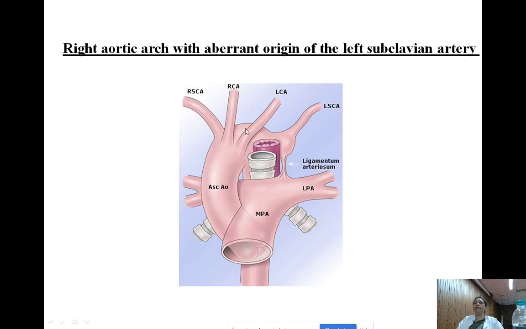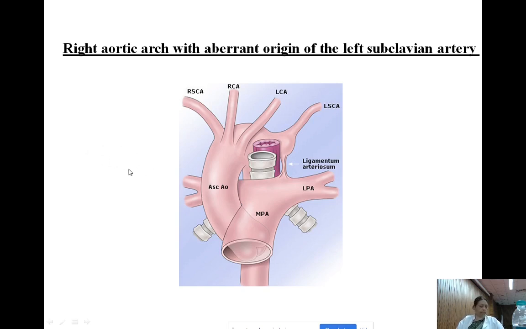And the ductus arteriosus will be present, which passes behind the esophagus and the trachea and may compress these two structures. So these are some abnormal developments of the aortic arches.